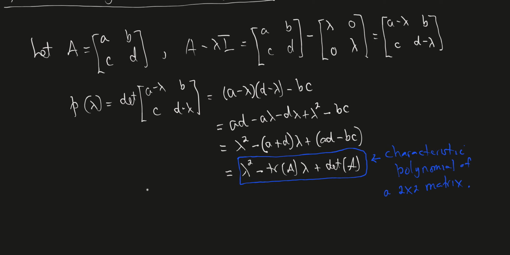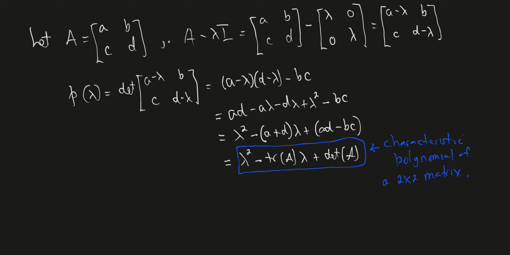Now, what would happen if our matrix was a 3 by 3? Well, instead of a second degree polynomial, we would have a third degree polynomial. If our matrix was 4 by 4, we would have a fourth degree polynomial. So let me just make this general observation.